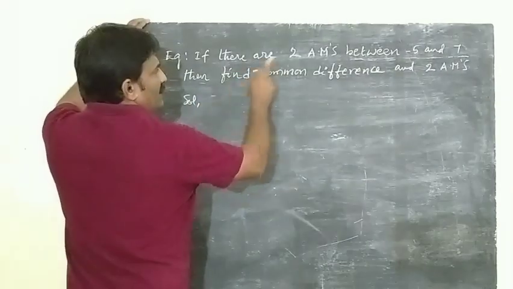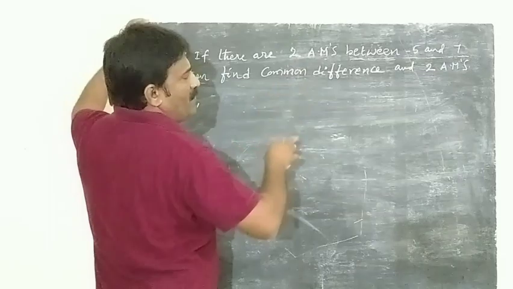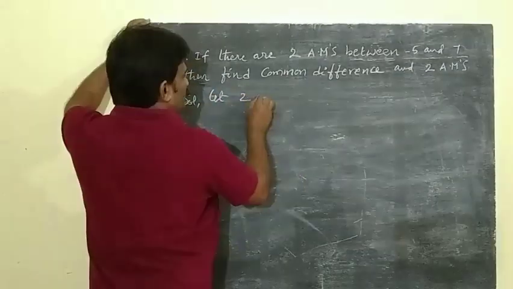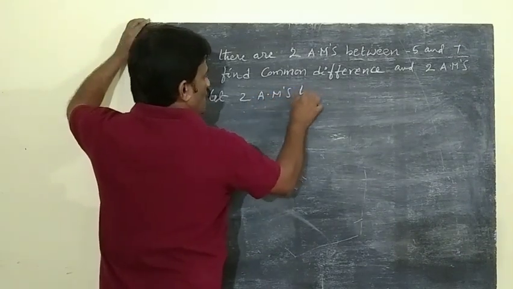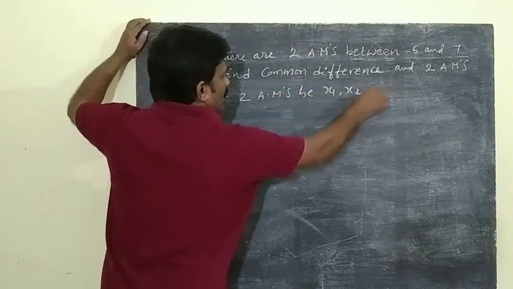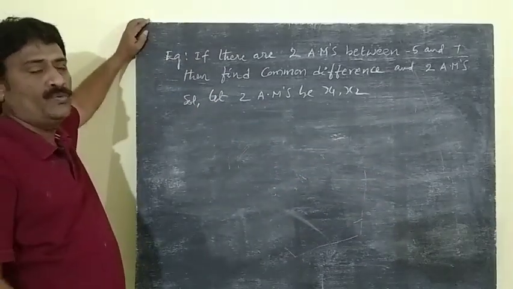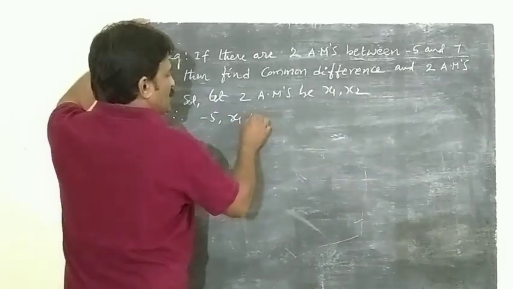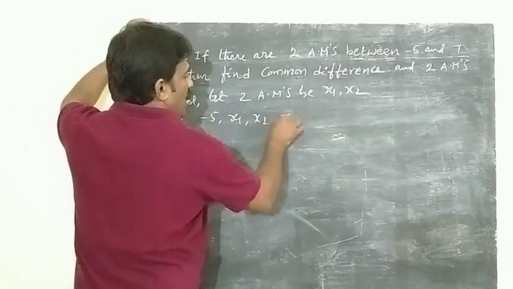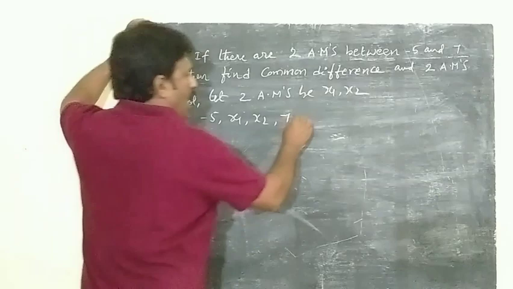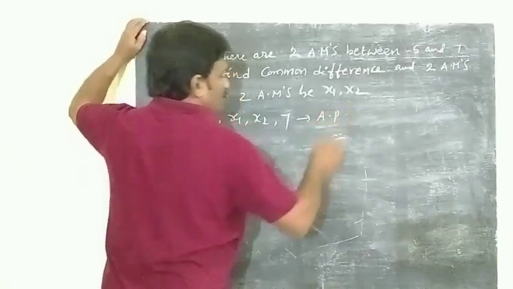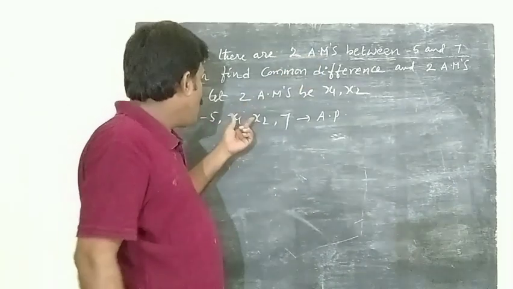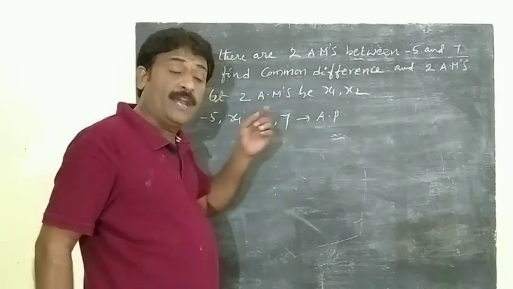Given 2 AMs in between minus 5 and 7, let the 2 AMs be x1 and x2. Therefore, minus 5, x1, x2 and 7 are in AP. Why? AMs are given, so these numbers are in AP.